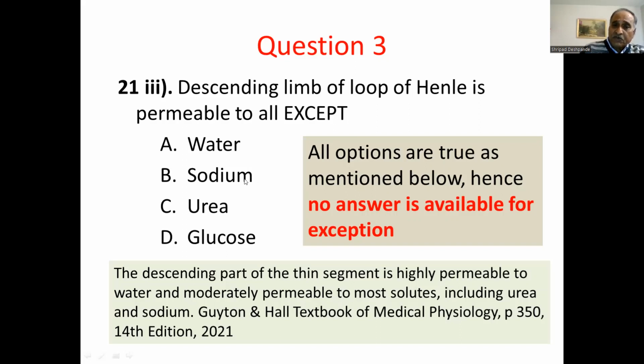Sodium, it is moderately permeable. Urea, it is moderately permeable, and glucose, it is moderately permeable, because it is also one of the solutes. Therefore, there is no option available for the exception. Hence, this question does not have an answer.